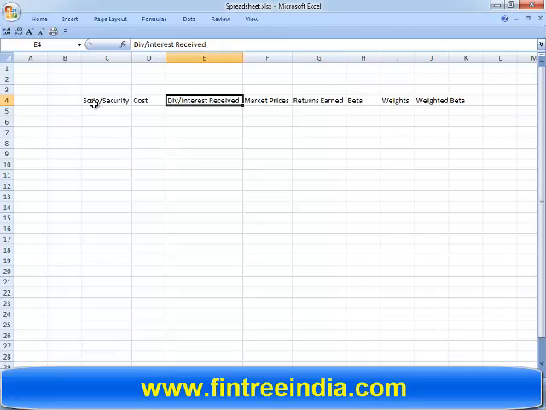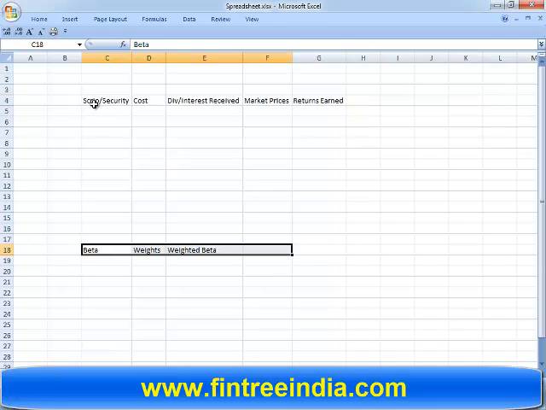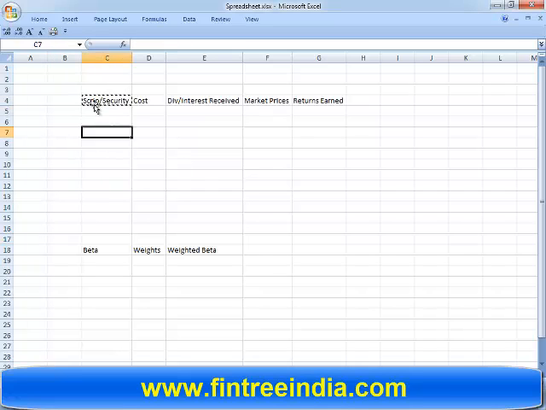Will you have a sufficient number of columns, or should we split this into 2? So do it up to this, then make a separate table for these 3 items. So here you would have to say scrip or security, then beta, and then weighted beta.